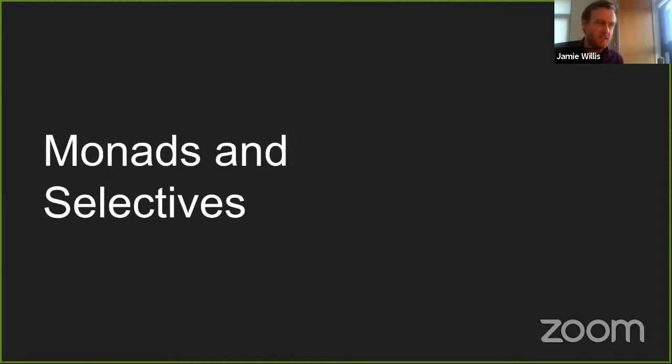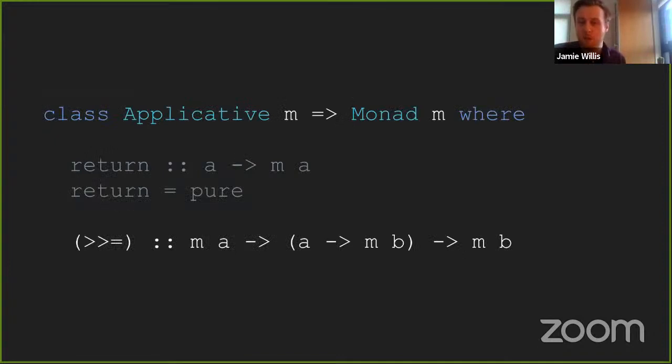So the next thing I want to discuss is the relationship between monads and selectives before we start talking about how to use Parsley, because this is quite an important point. Hopefully we're all familiar with what monads are. They are just applicatives, but with a bind operation tacked on at the end.